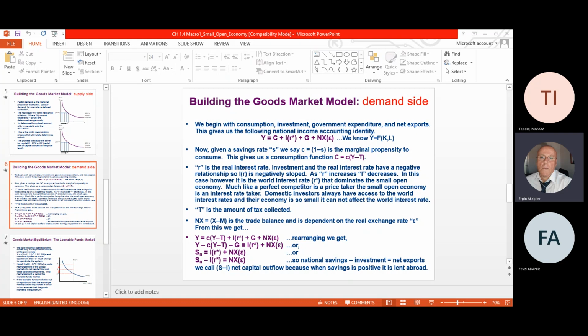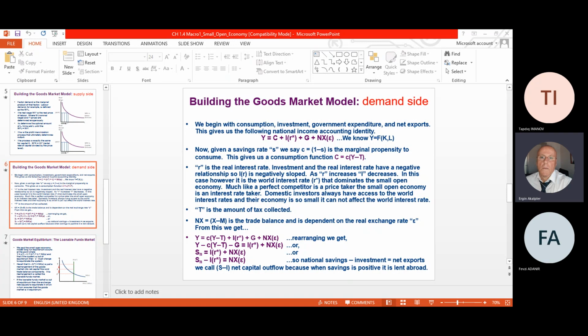And the NX, as I mentioned, is the trade balance, given as the balance of payments, and the current account deficit or surplus, estimated if we exclude the monetary transactions, is also dependent on the real exchange rate.